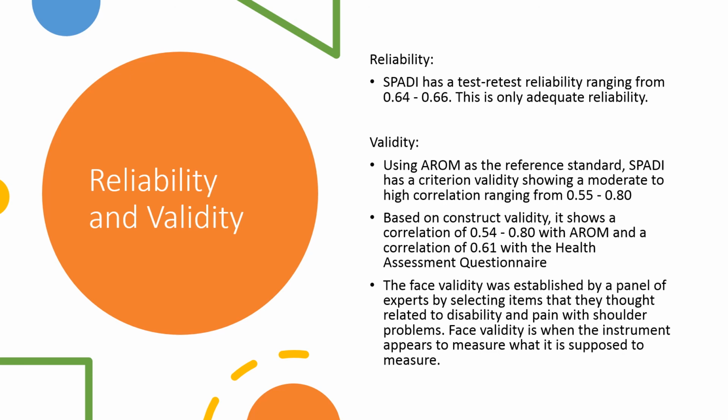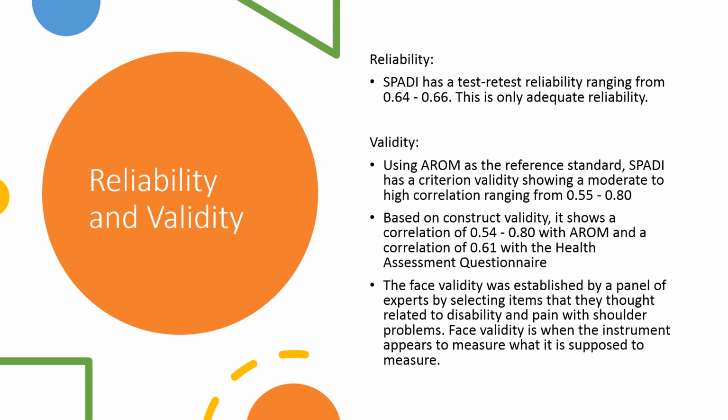Moving on to validity, we found that criterion validity for the SPADI test, when it's being compared to active range of motion as the reference standard, showed a moderate to a high correlation ranging from 0.55 to 0.8.